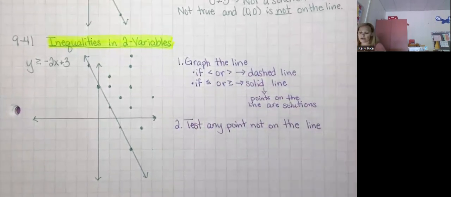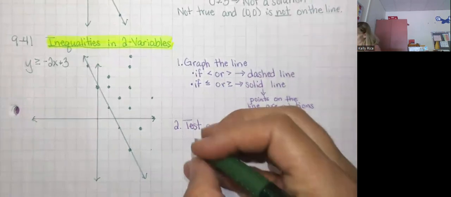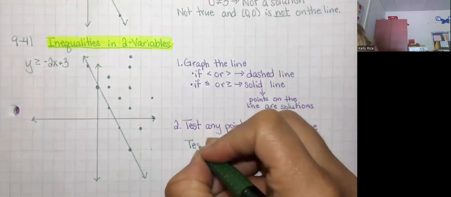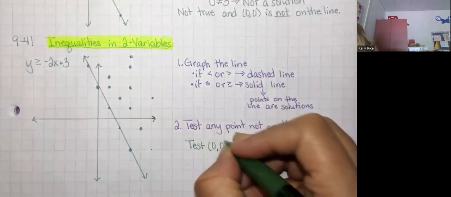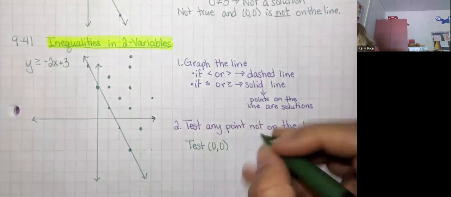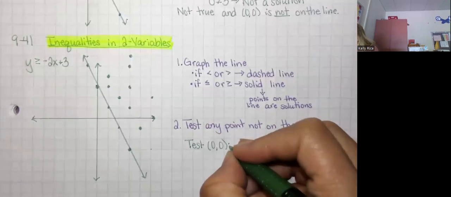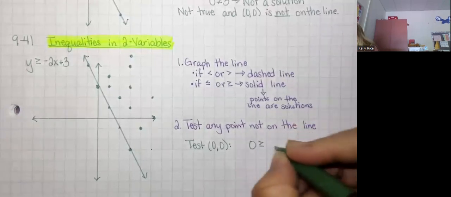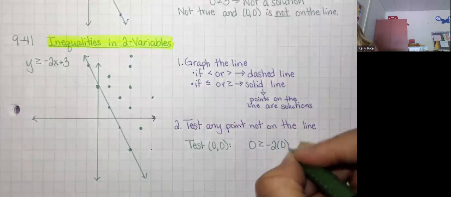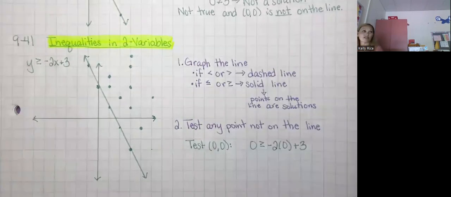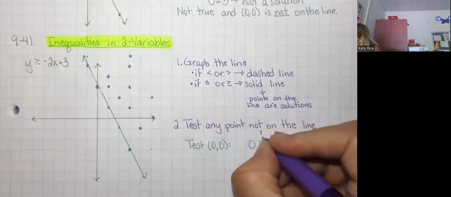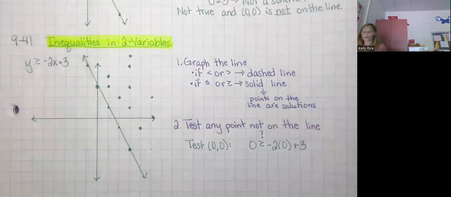So test any point not on the line. What point do you think I'm going to recommend that you test? 0, 0. When we test 0, 0, we are asking, is this true? 0 is greater than or equal to -2 times 0 plus 3. This is a question. I want to know, is this true or false?